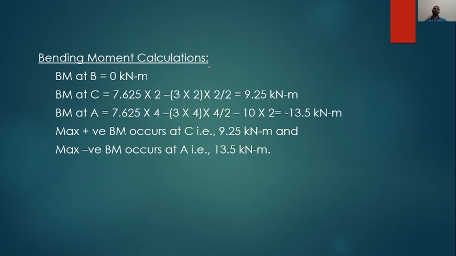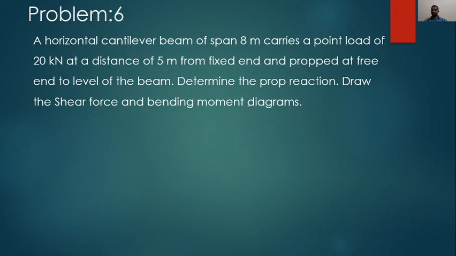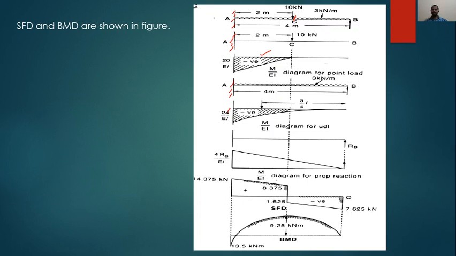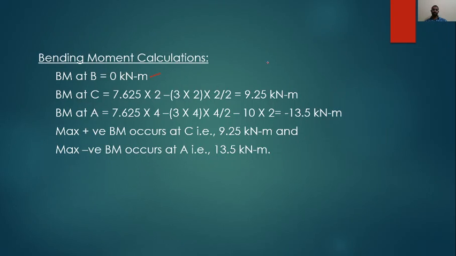Let us go to the bending moment calculations. Bending moment at the free end B is 0, and then bending moment at C is prop reaction multiplied by distance 2, minus 3 into 2 into 2 by 2.